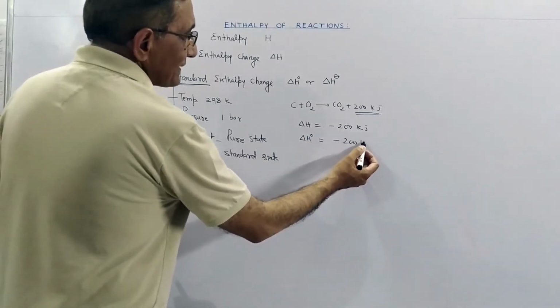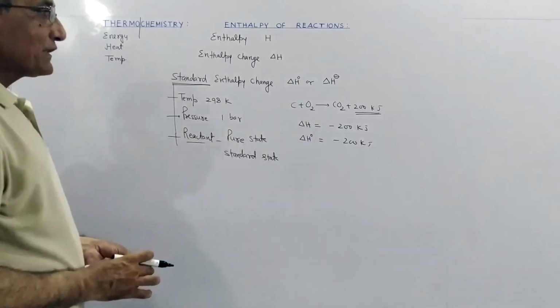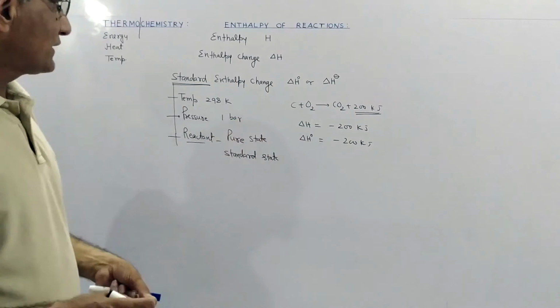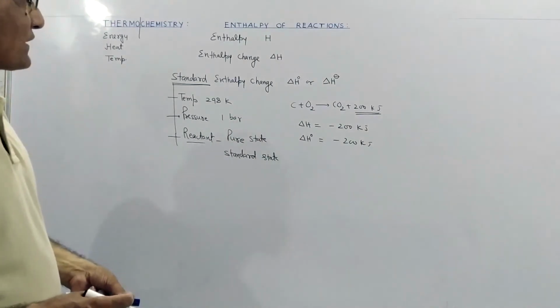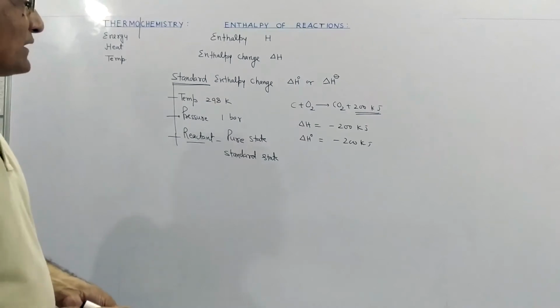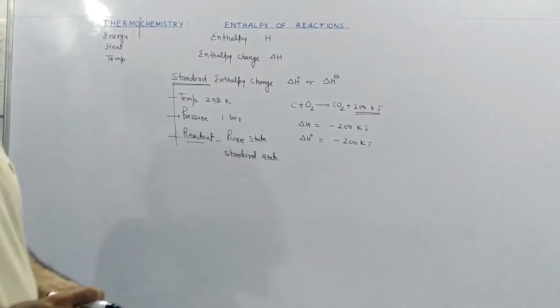Although the value will remain the same, here we will call it standard enthalpy change if standard states are there, otherwise it is normal enthalpy change. So I hope now this part is clear to all of you: what is enthalpy, what is enthalpy change, and how enthalpy change differs from standard enthalpy change.